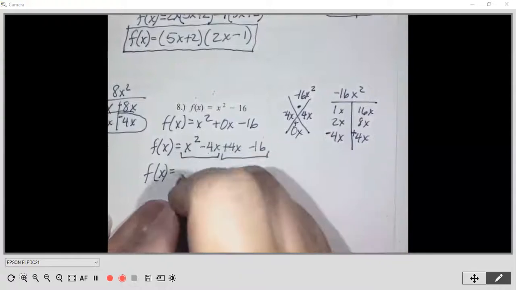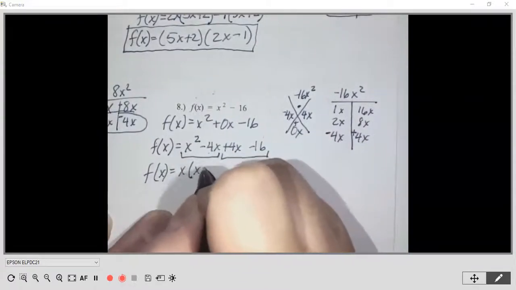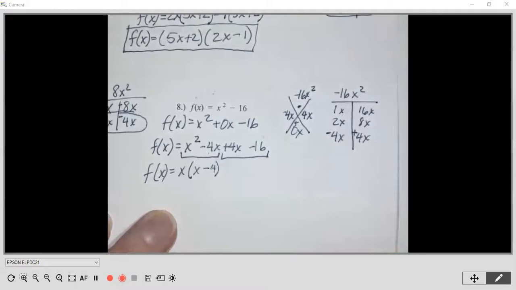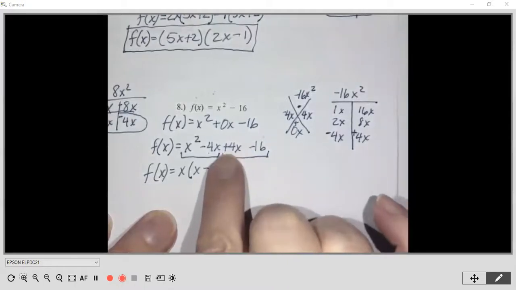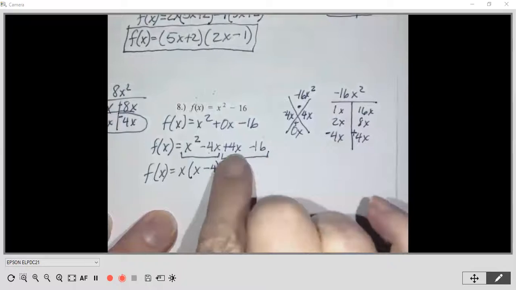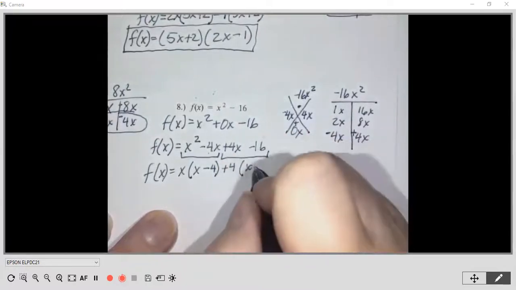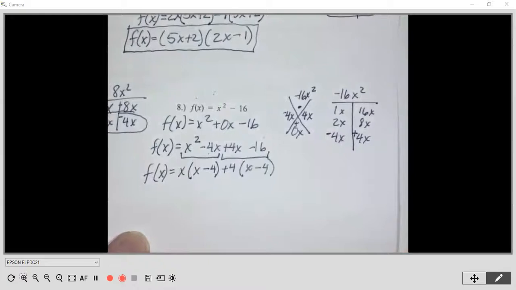So our first GCF is x, leaving us with x minus 4. Our second GCF is a positive 4, leaving us with x. Negative 16 divided by positive 4 is negative 4, or minus 4.